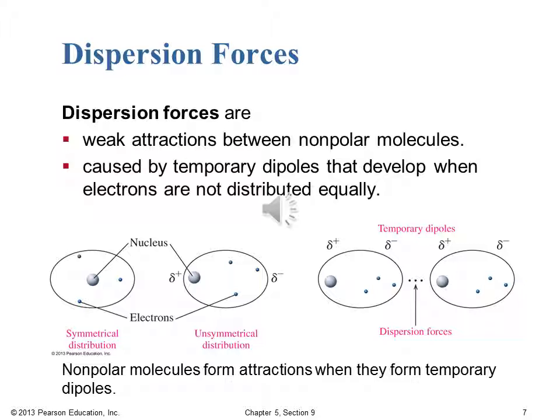As the 2 electron clouds approach each other, just that approach is going to cause partial negative and partial positive to develop, because they'll start to repel, and that'll cause the electron cloud of one molecule to retreat a little bit, and you'll set up a temporary dipole, just a very weak dipole, not like a polar molecule that has a permanent dipole. So these tend to be the major intermolecular force when we're dealing with nonpolar molecules.